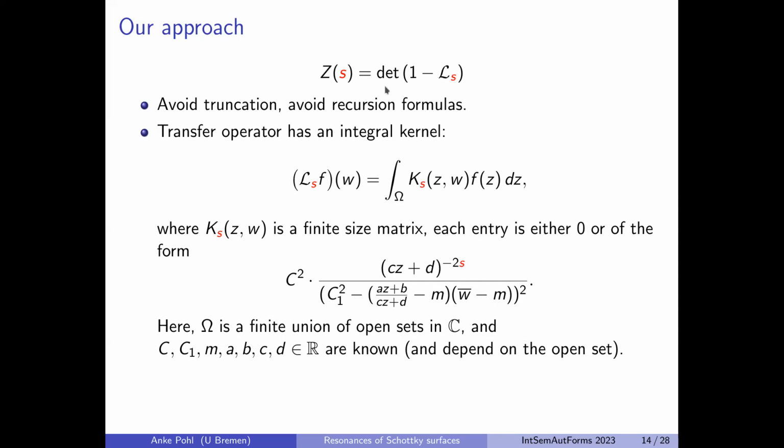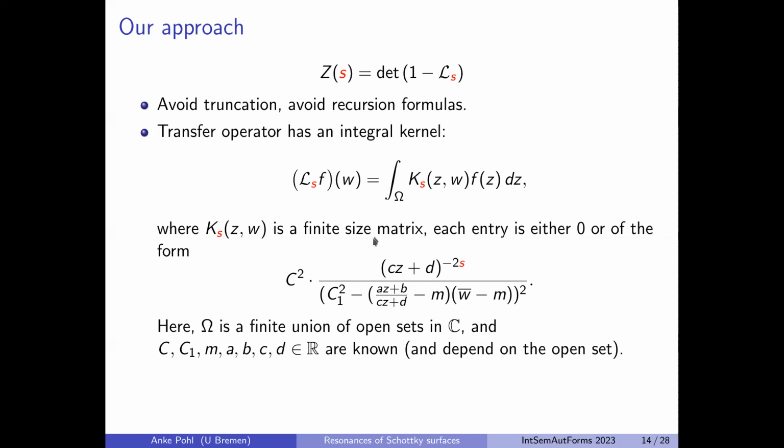What we took advantage of is that these operators have more structure than what was used before, namely they come with an integral kernel. So all you need to see here at the moment, I wrote down the formulas for people who like formulas, but what you actually should see is that you can write down the transfer operator as an integral.